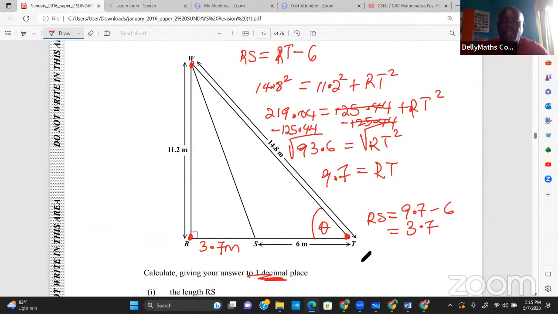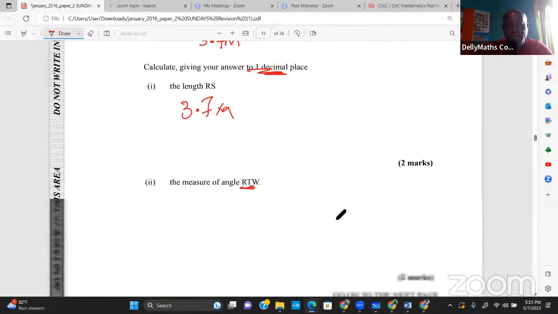Now, this is a right angle triangle. All right. And there are a number of ratios I can use, but I'm just going to use opposite and hypotenuse. So here it is.